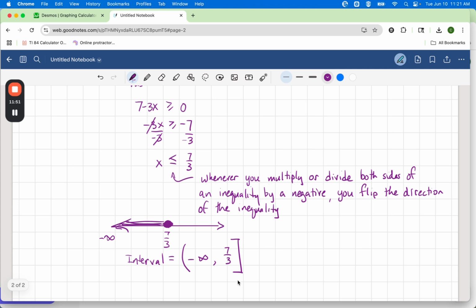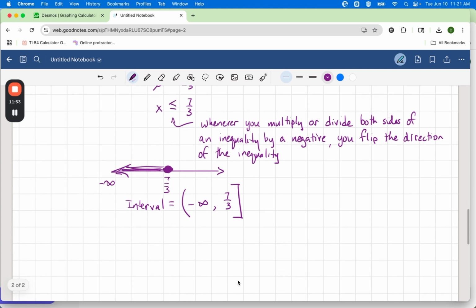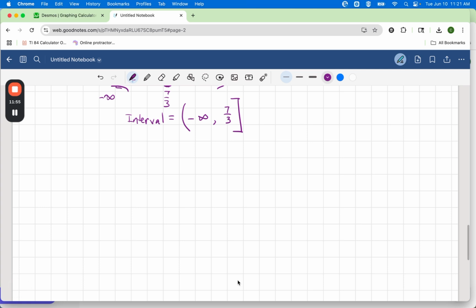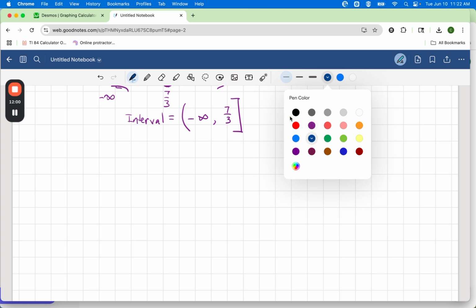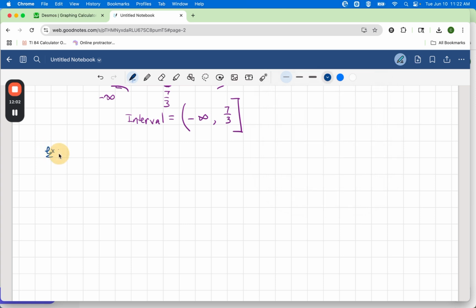Let's talk about how to find domains and ranges if you're given the graph. Alright, so I'm given a graph of f of x. Here it is right here. My y-axis, my x-axis, and each of the slash marks represents 1 again.